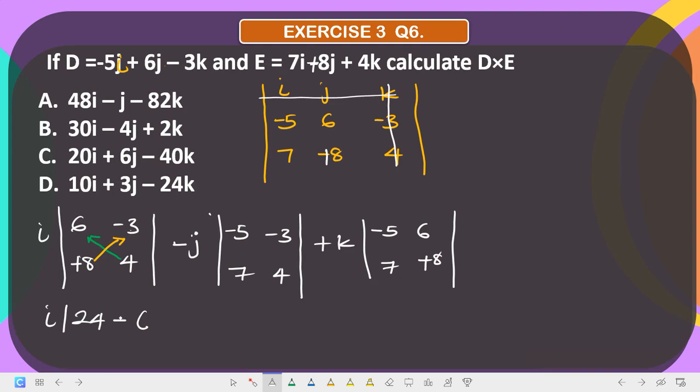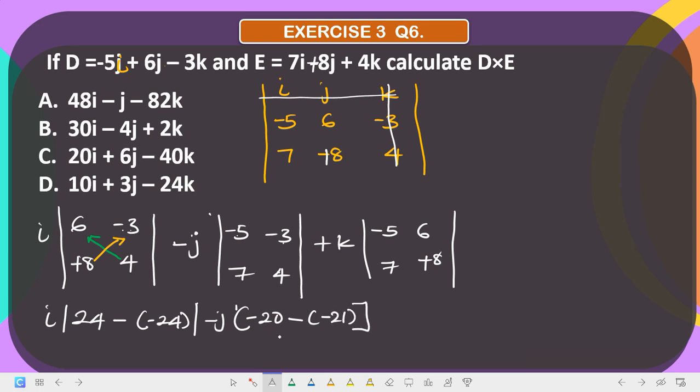Okay? So here is minus, then 8 times minus 3 is minus 24. Okay? And then this bracket. Minus J bracket, 4 times this is minus 20. Then we have minus 7 times minus 3 is minus 21.